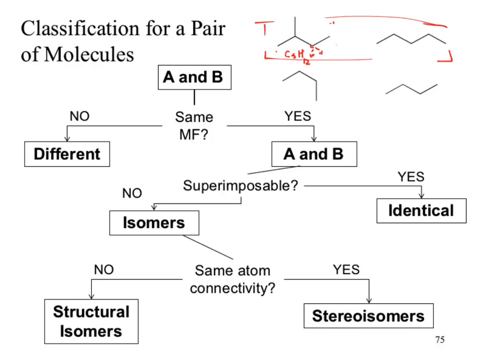Okay, the easiest way that I would go through and look at this, well, there's 2 ways, actually. 1, name the compounds. If they have the same name, at least at this stage, then do they have the same atom connectivity? Yes. If they have different names, then no, they're structural isomers.